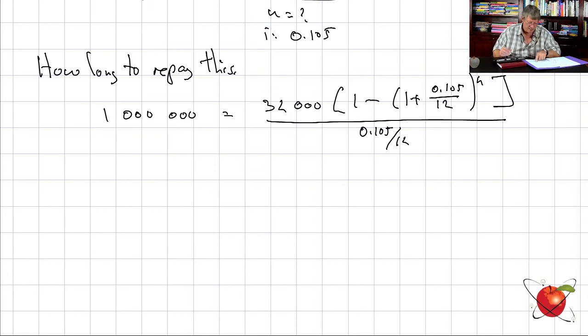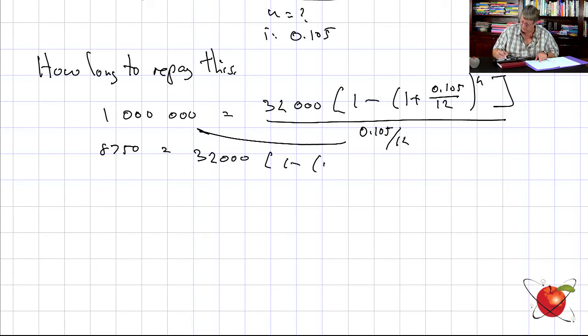So then I can say, okay, I multiply this through there and I get 8750. 8750 is equal to 32,000 times 1 minus 1 plus. In this case, I actually worked out the bracket, 1.0000875 to the minus n, like that.